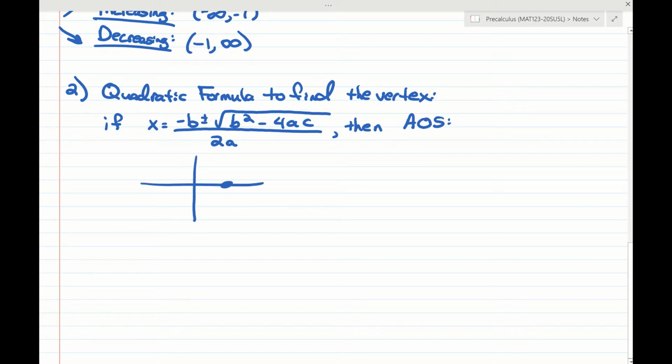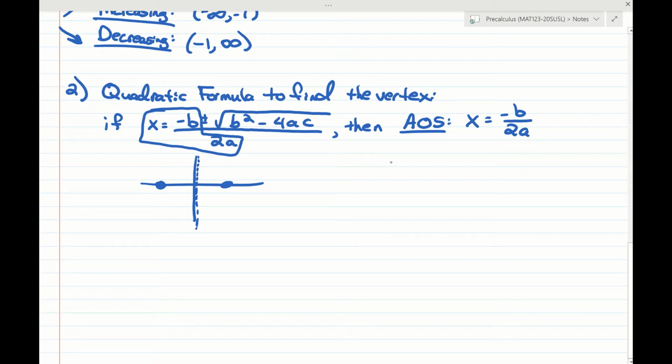So if we have an x-intercept over here and over here, right down the middle, before we go adding and subtracting the square root, the middle would be negative b over 2a. So this is another way to get the axis of symmetry. If it's in vertex form, it would just be x equals h. But if you're using the quadratic formula, you could also just use negative b divided by 2a.